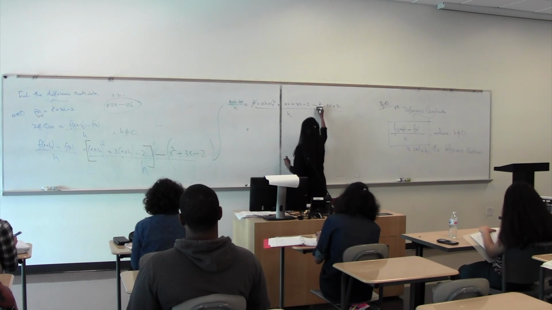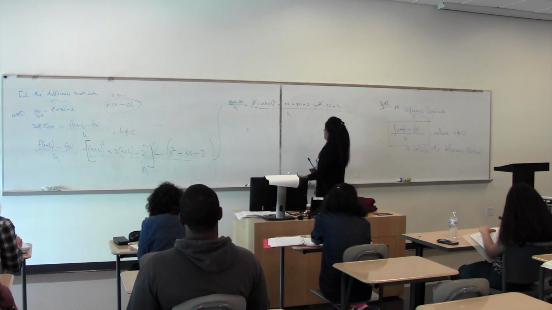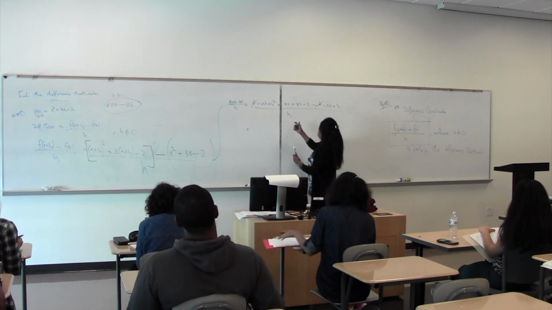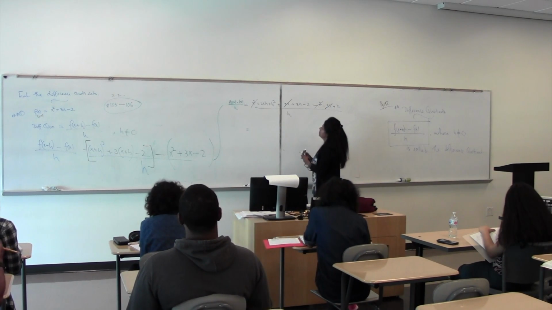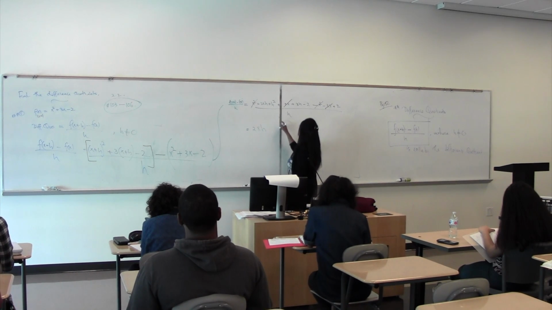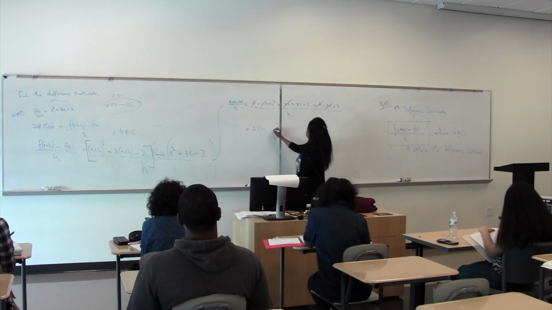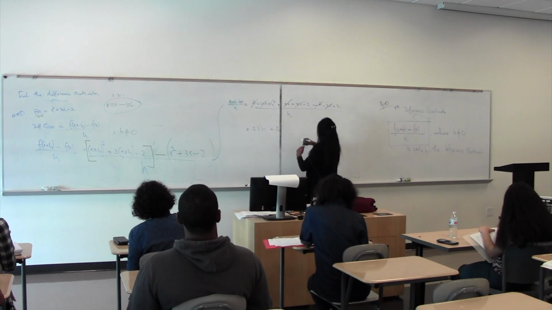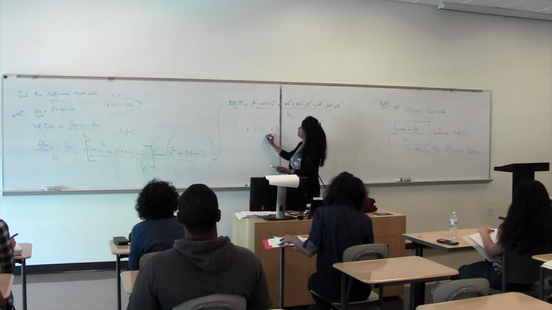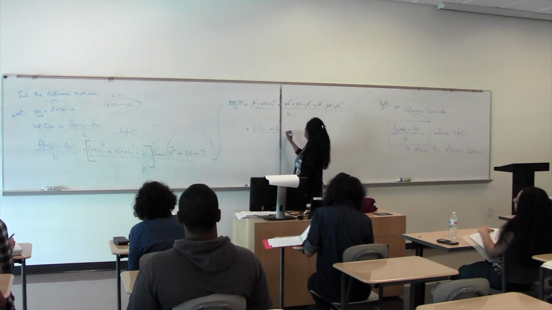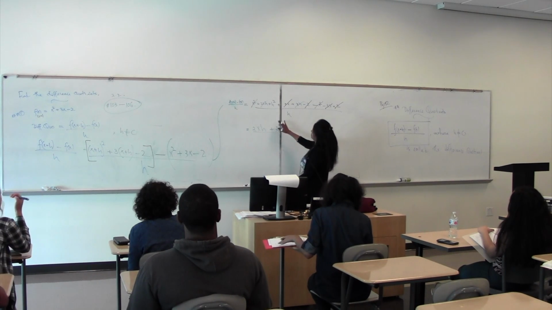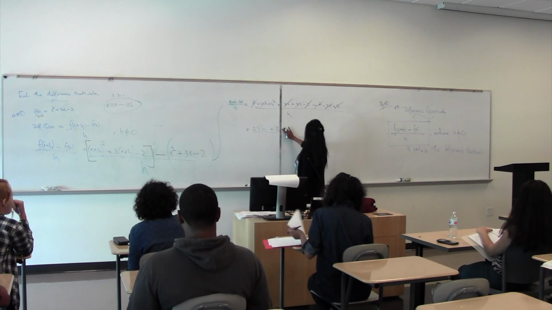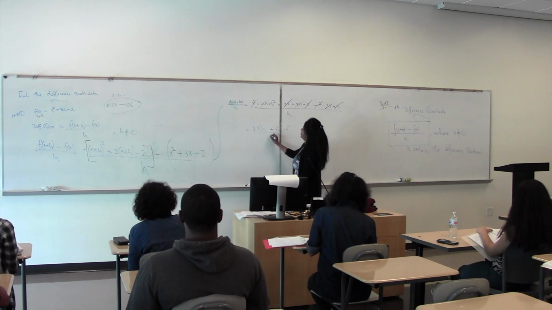The x squared terms get cancelled, the 3x terms get cancelled, and minus 2 and plus 2 also get cancelled. What do we have? We have 2xh plus 3h plus h squared over h.